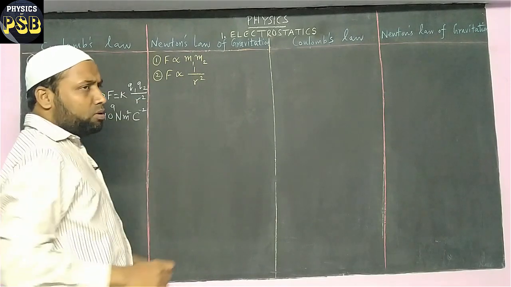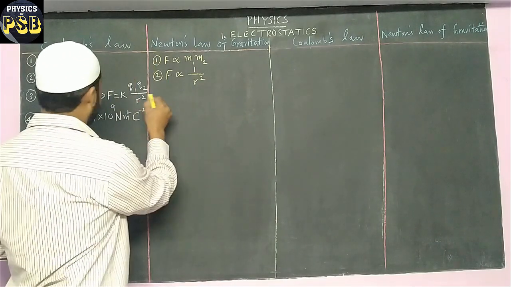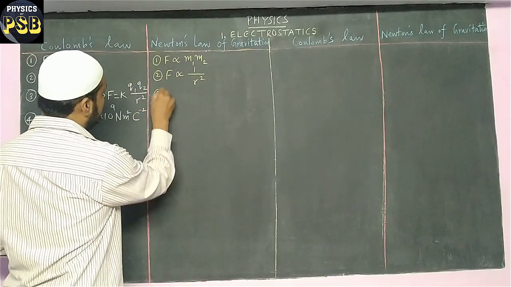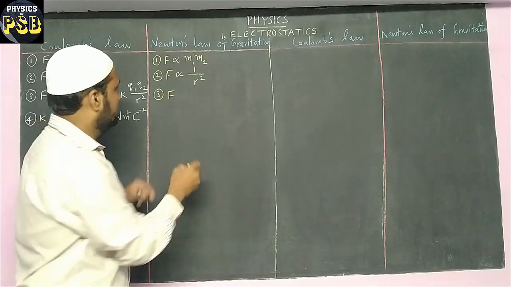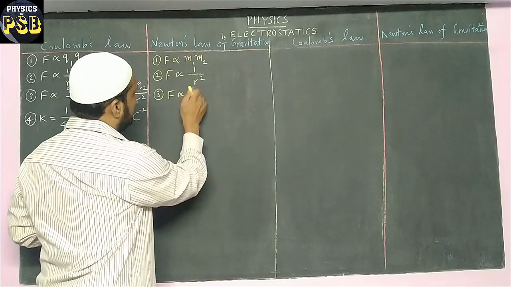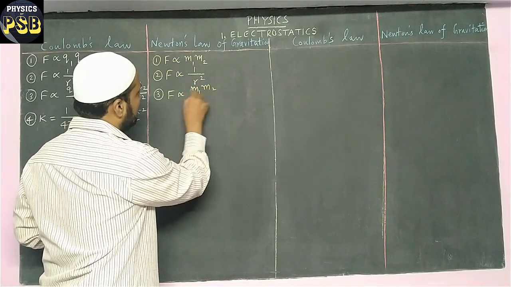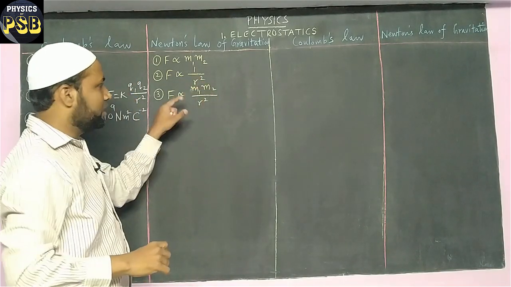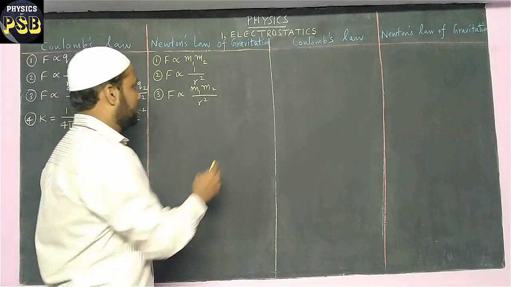When we combine these two expressions, we get a new expression: F is directly proportional to m1 m2 upon r square.